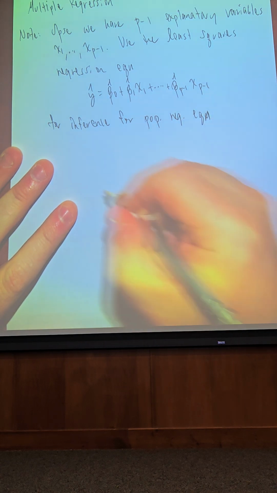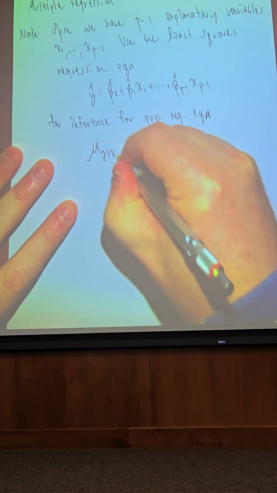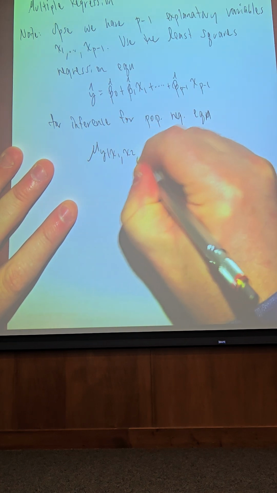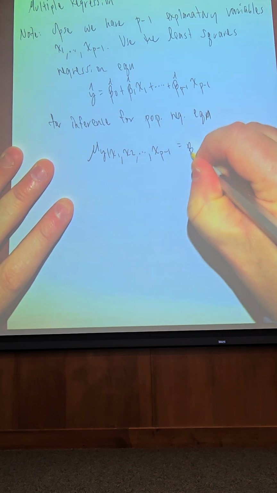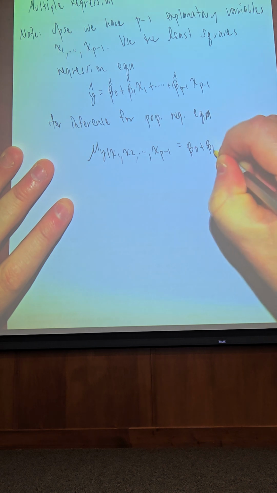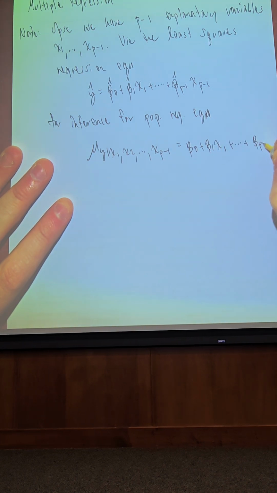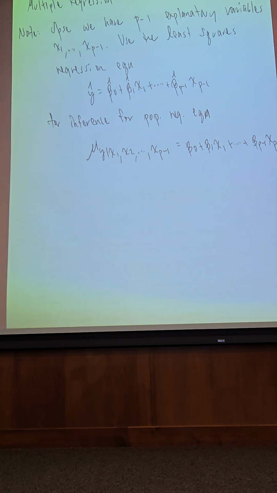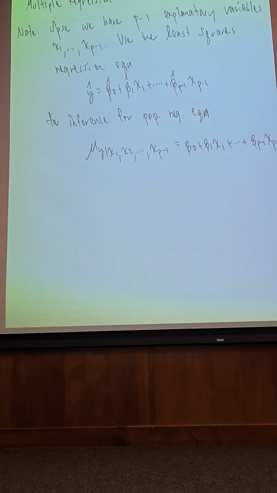And the population regression equation, we're going to denote by mu sub y given x1, x2, all the way up to x p minus 1 is equal to beta 0 plus beta 1 x1 plus beta p minus 1 x p minus 1. Okay. This looks kind of ugly when you state it formally here.